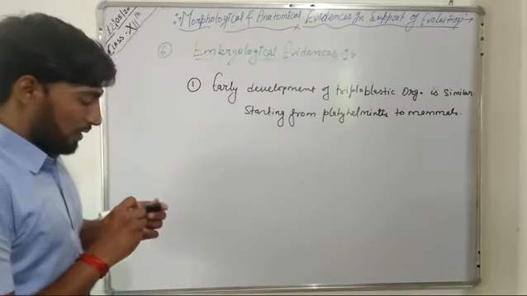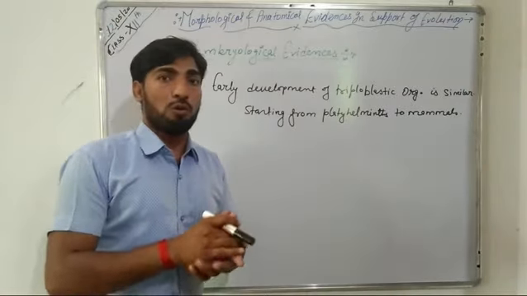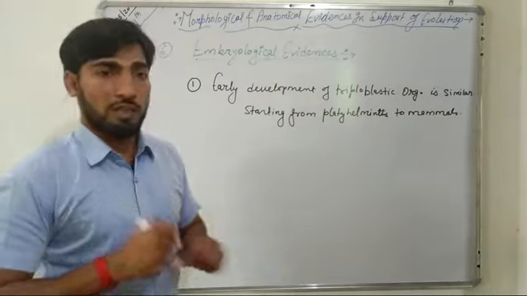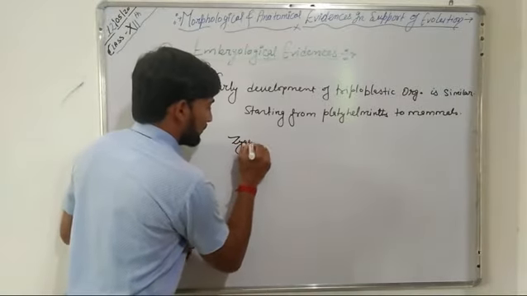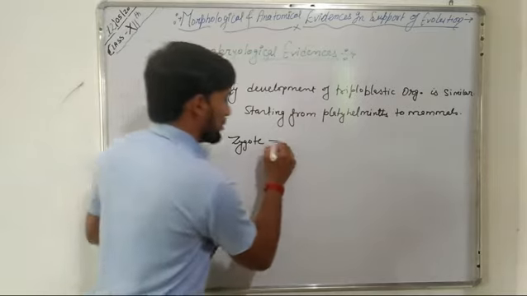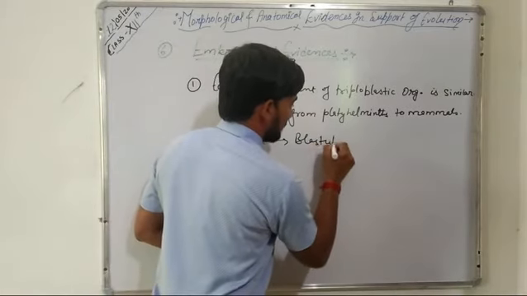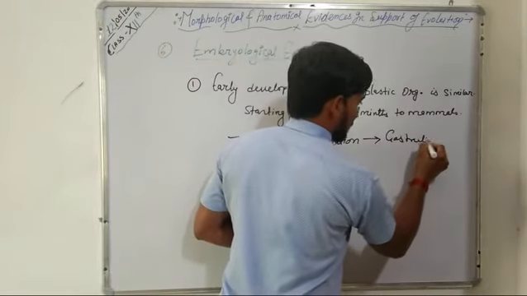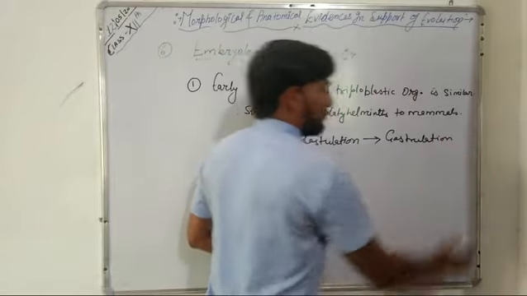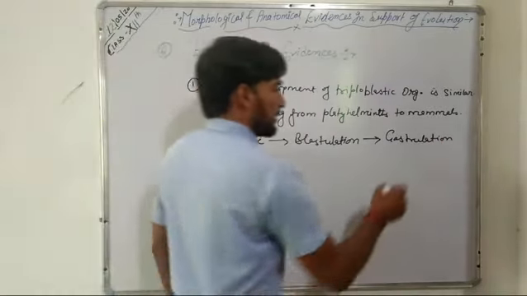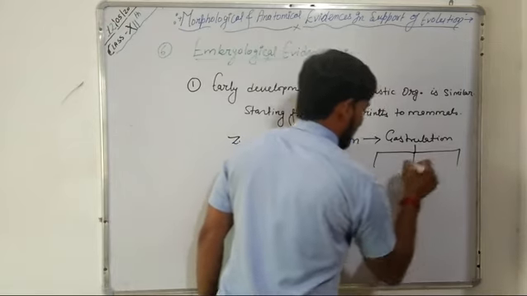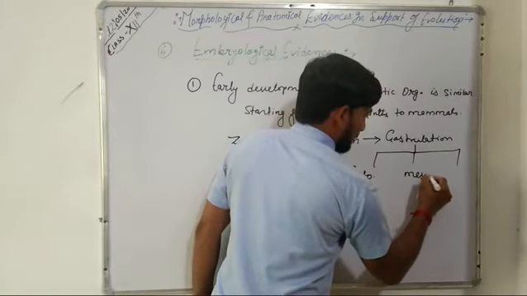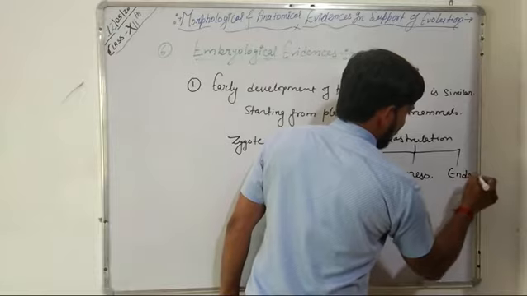That means all these complex life forms came from early simple organisms, because in all these organisms the zygote during its development undergoes blastulation, and then undergoes gastrulation, and results in the formation of an embryo that consists of three different layers: the ectoderm, the outermost layer, the mesoderm, the middle layer, and the endoderm, the innermost layer.